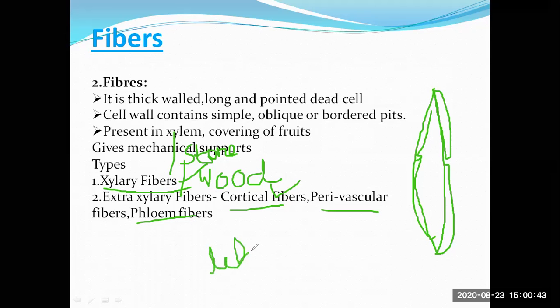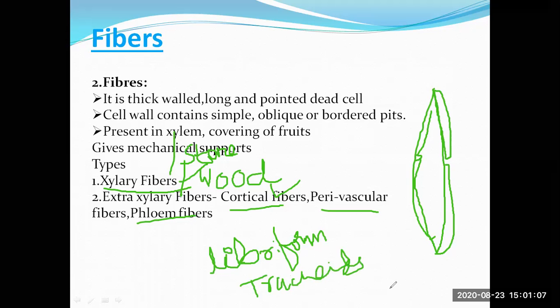One is libriform fibers. The second one is fiber tracheids. Clear?